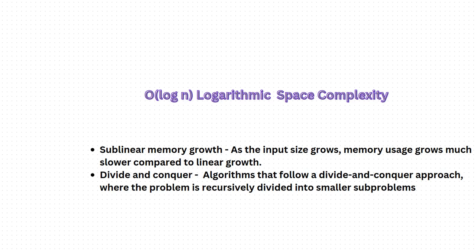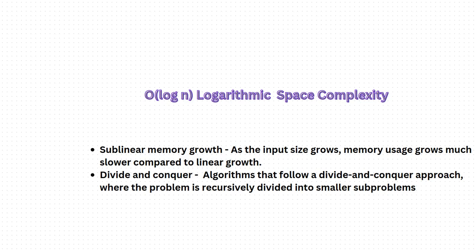Another criteria you will see is the divide and conquer approach. This algorithm follows the divide and conquer approach, where the problem is recursively divided into smaller subproblems. When we say sublinear, let me give a small example here.